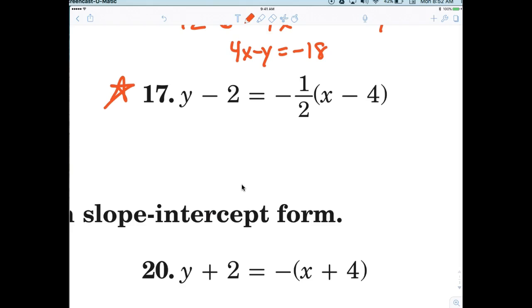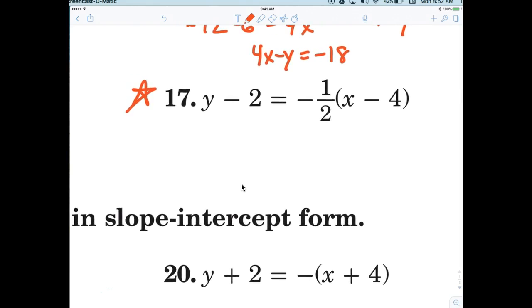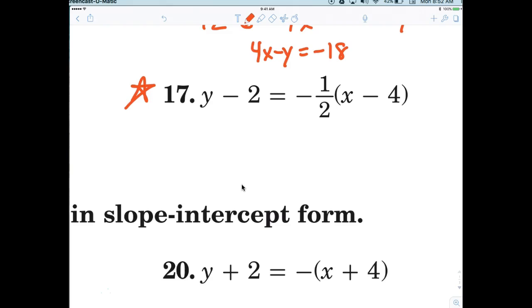What I want to do now is, I'm not allowed to have a fraction, so I'm going to multiply. When you're taking care of a fraction, you're kind of multiplying by the reciprocal.